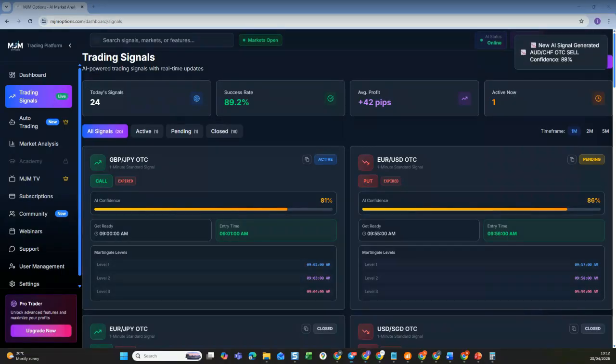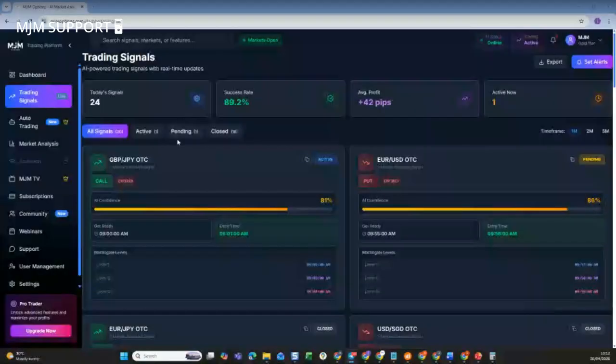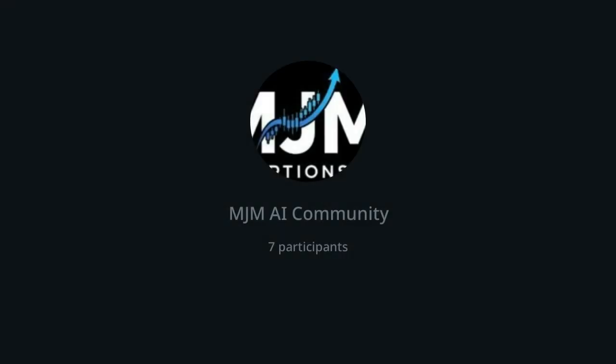This is the other side of the AIOTC scanner. This part of the AIOTC scanner is, give me a second, guys.